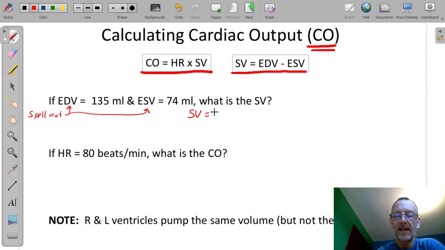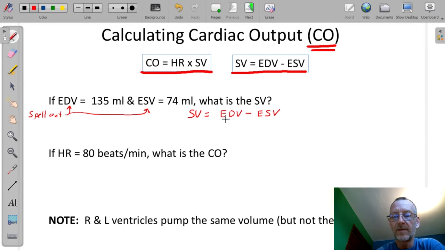So let's say that the end diastolic volume, the maximum volume of blood in the heart at the end of rest, is equal to 135, and subtract from that the volume that's left in the heart at the end of systole, which is the ESV, the end systolic volume.